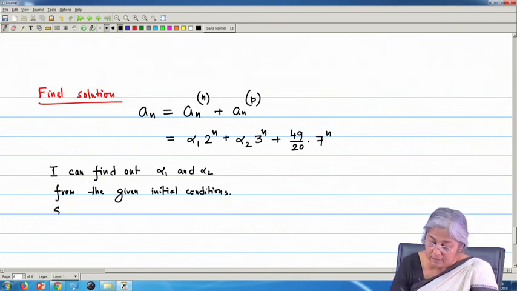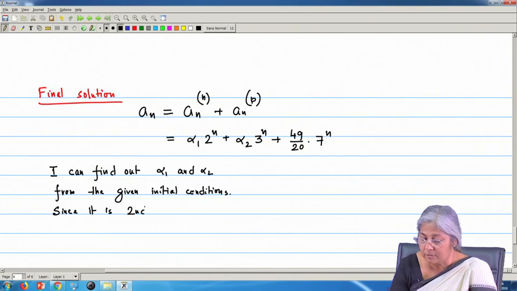Since it is a second order linear homogeneous equation, I need at least two conditions to find out alpha 1 and alpha 2.